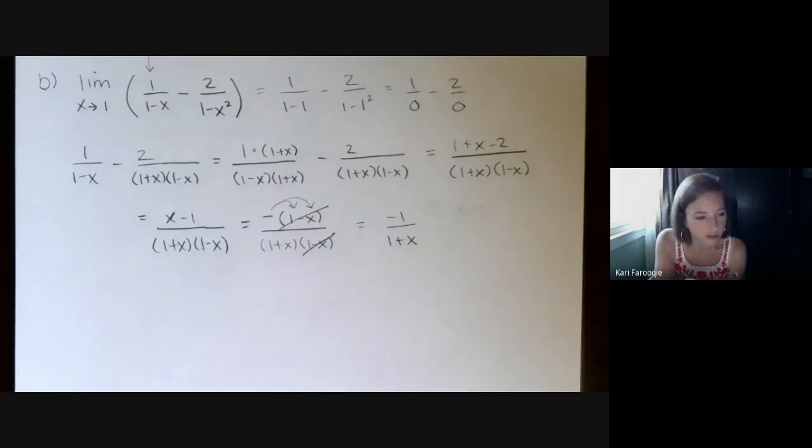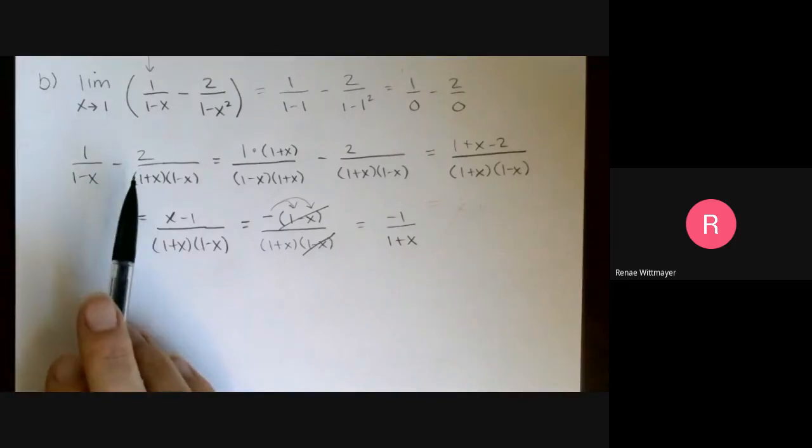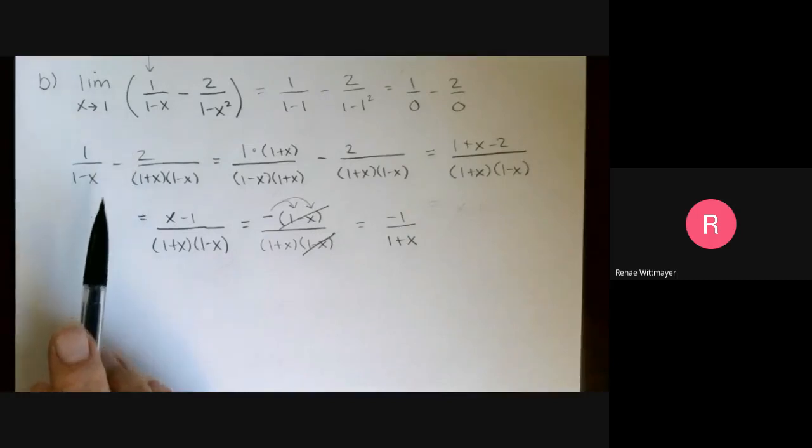I'm waiting for, oh, Renee. Yes, what's your question? So when you were doing the 1 plus x minus 2 over the 1 plus x times 1 minus x, why didn't you just add the 1 to the negative 2 to get x minus 1? Oh, it looks like you did. But then where'd the negative come from on the numerator?